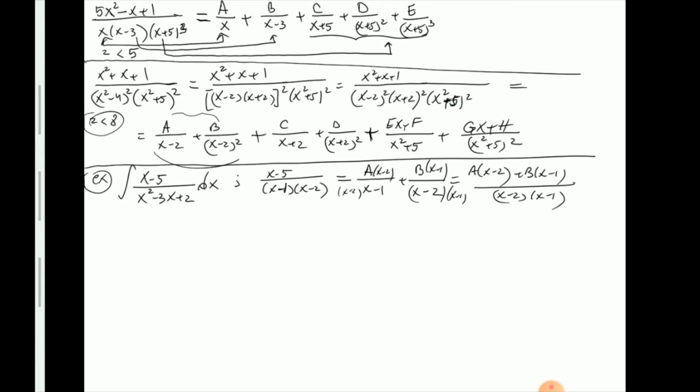And then you identify the numerators, the numerator on the left with the numerator on the right. The next step is to combine the terms on the right-hand side by the powers of x. So you write it as a polynomial in x. So you'll have to do some algebra here. Ax minus 2a plus bx minus b.